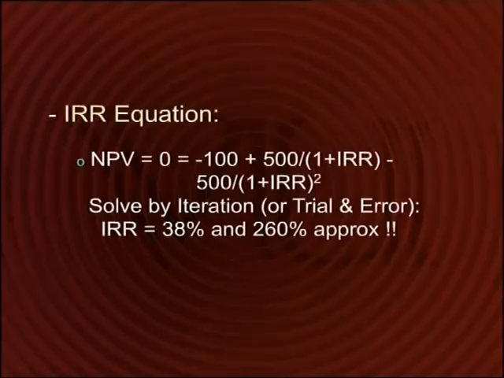When you solve this equation, this is a quadratic equation, and quadratic equations have two roots. In this particular case, it has two real number roots, and those roots are the IRR values, which happen to be 38% and 250%. So now you're in a problem.